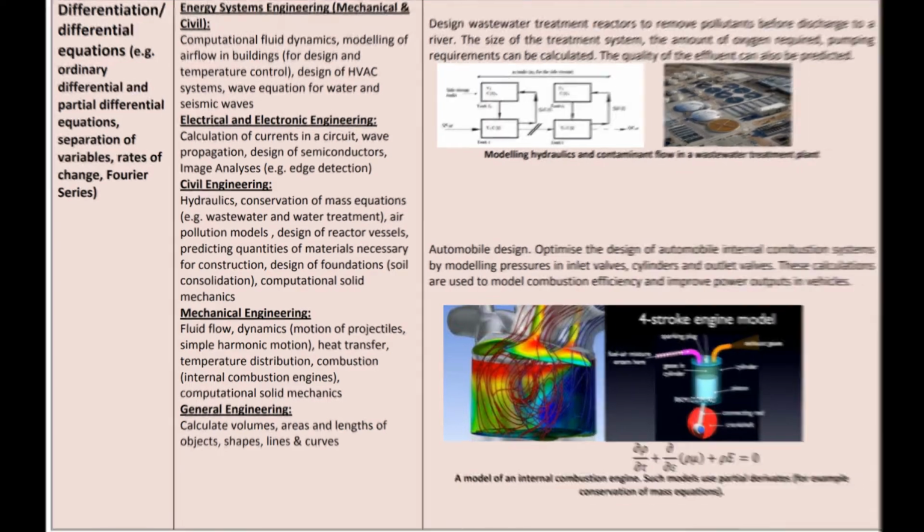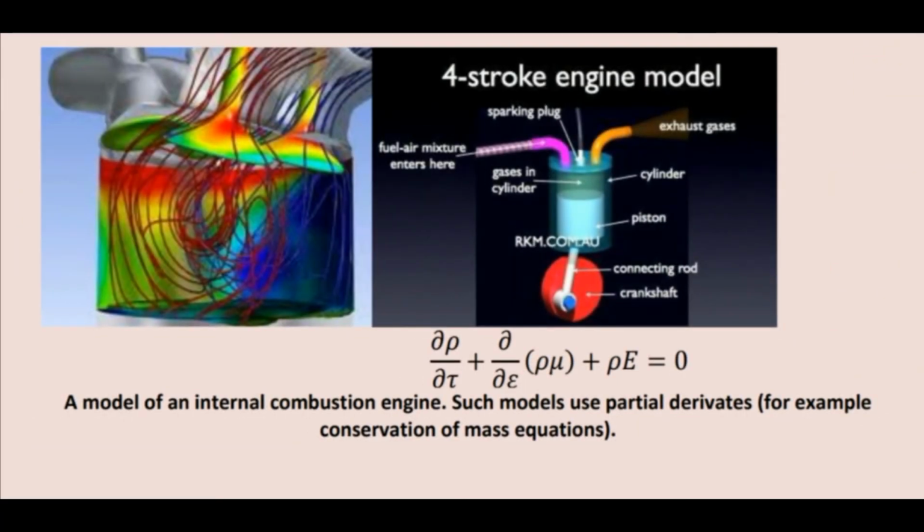For example, in automobile design, you can optimize the design of automobiles' internal combustion systems by modeling pressures in inlet valves, cylinders, and outlet valves. These calculations are used to model combustion efficiency and improve power outputs in vehicles.